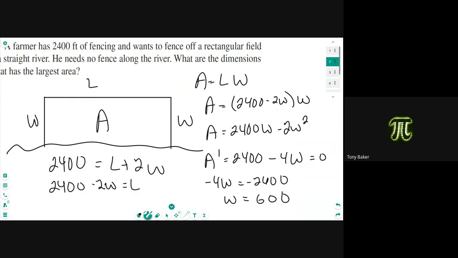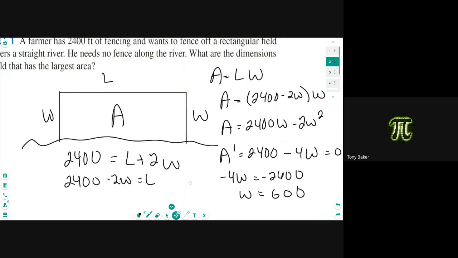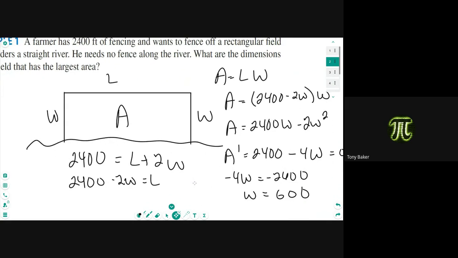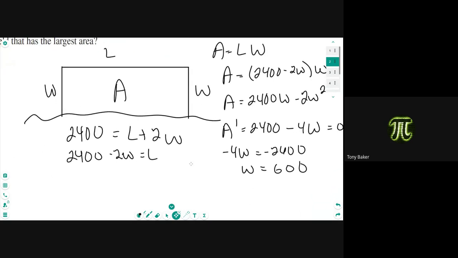I only have one critical number in this problem. So if my width is 600, we now need to figure out my length. So we can plug that back into here. So 1200 equals L.